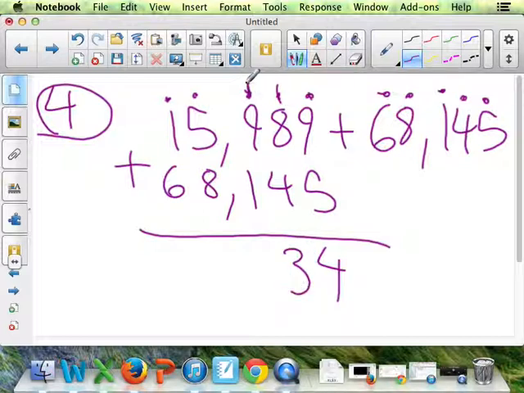What's 1 plus 9 plus 1? 1 plus 9 is 10, plus 1 is 11. Carry the 1. Don't forget the comma, I guess. What's 1 plus 5 plus 8? 14. Carry the 1. What's 1 plus 1 plus 6? 8. Look at the options below. What is the correct answer?